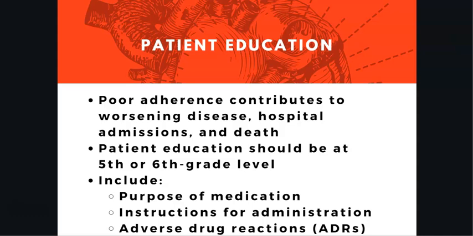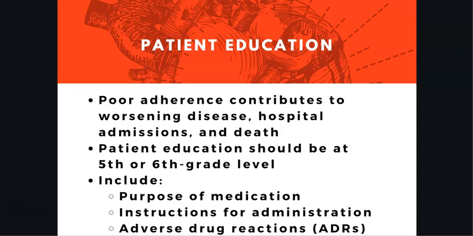When you are educating your patient, know that poor adherence contributes to worsening of disease, hospital admissions, and death. So they need to understand, and you need to make sure they're adhering to these medications. Patient education, I know this sounds horrible, but it should be at about a fifth or sixth grade level.